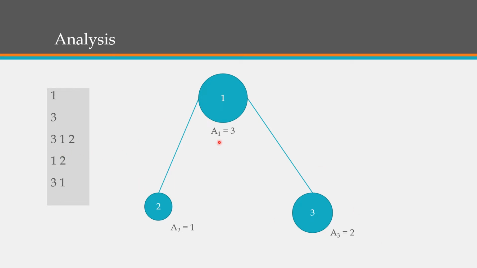At junction 1 the capacity is 3, at junction 2 the capacity is 1, and at junction 3 the capacity is 2. Followed by n minus 1 lines, which is 3 minus 1, 2 lines, they'll provide how the junctions are connected. So 1 to 2 or 2 to 1, they can give you the other way also, and 3 to 1 or 1 to 3.